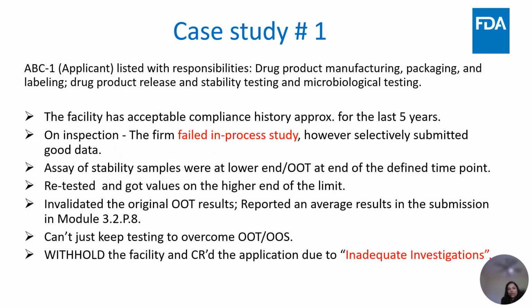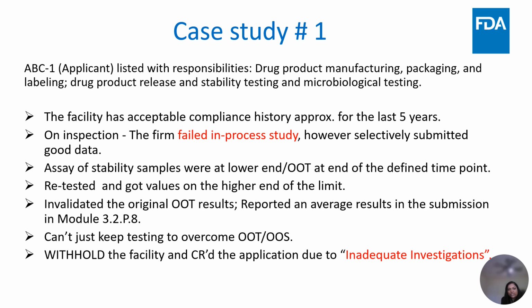Here, I would like to talk about a case study, ABC1, which is an applicant listed with responsibilities of drug product manufacturing and testing, including microbial and stability testing. The facility has an acceptable compliance history from the last 5 years. On inspections, the firm failed some in-process controls which are critical. However, in the submissions, they selectively submitted good data, and the failed results were never reported to the agency.